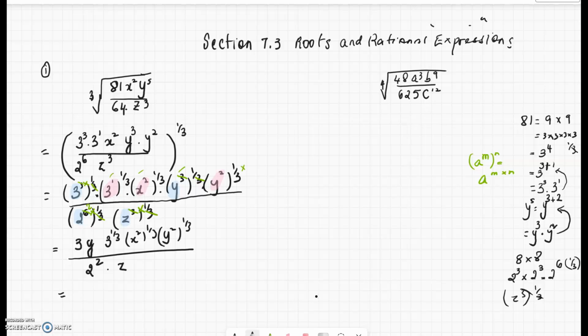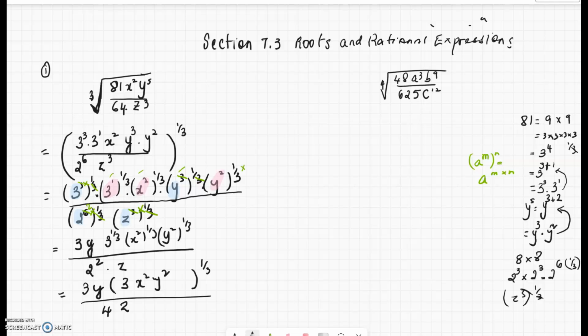Now let's write this. Since the question is written as a cube root, we're going to write our answer as a cube root. So this is 3y, and now I'm going to collect all those terms that have an exponent of 1/3. By the rule of exponents, I'm allowed to do this. 3x squared y squared whole to the 1/3 divided by 2 squared, which is 4z.